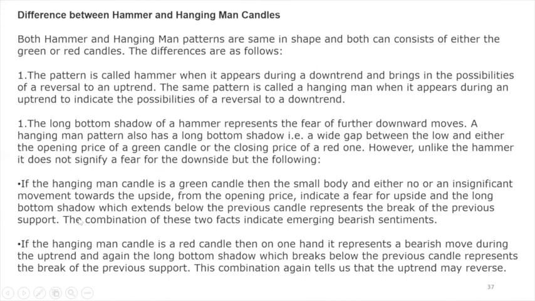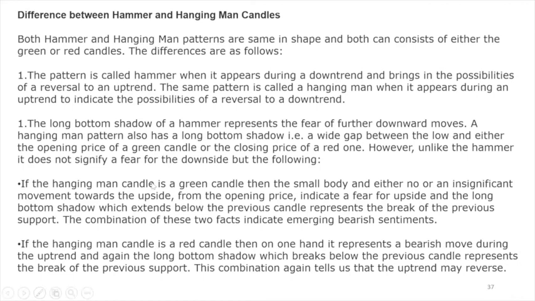Because the hangman is a totally different scenario, as I told you, even though both look the same, you need to look at a different scenario. With the hammer, the bullish are pushing, the tail is stronger. For the hangman, the same formation, but the definition is slightly different.